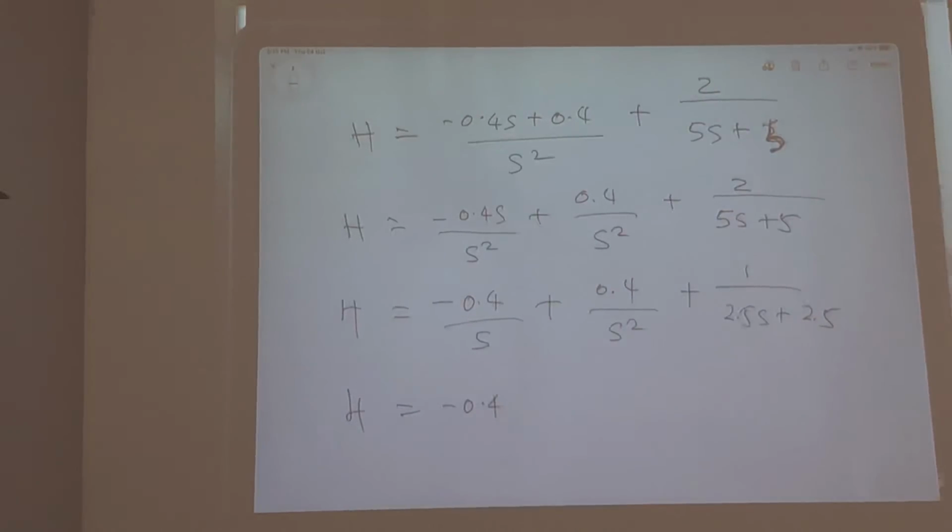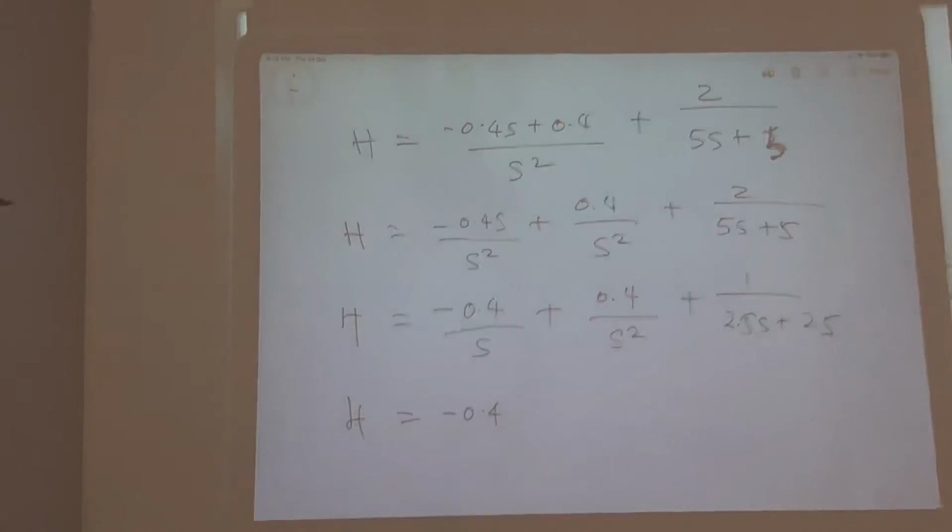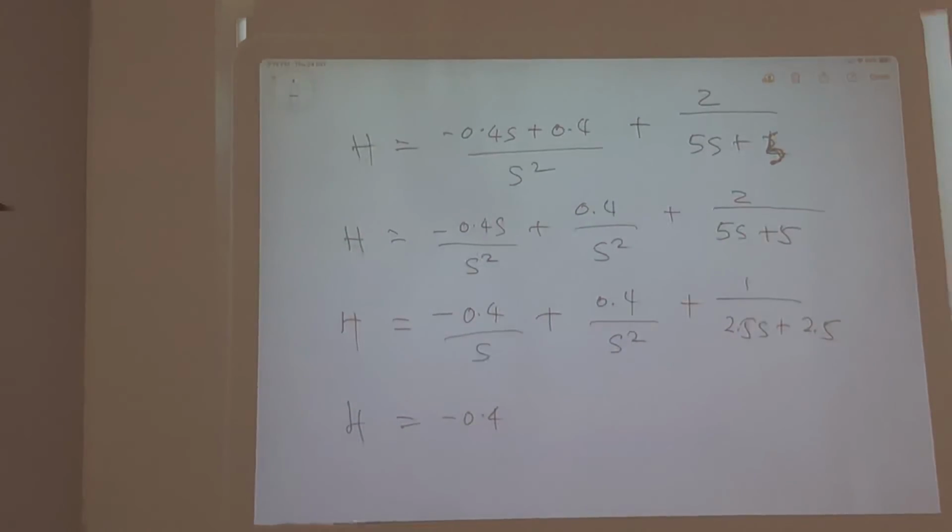Inverse of 1 over s is what? The table is 1, right? If you look at the table, this one, okay? If I inverse 1 over s, I get unit step. Unit step means it's 1.